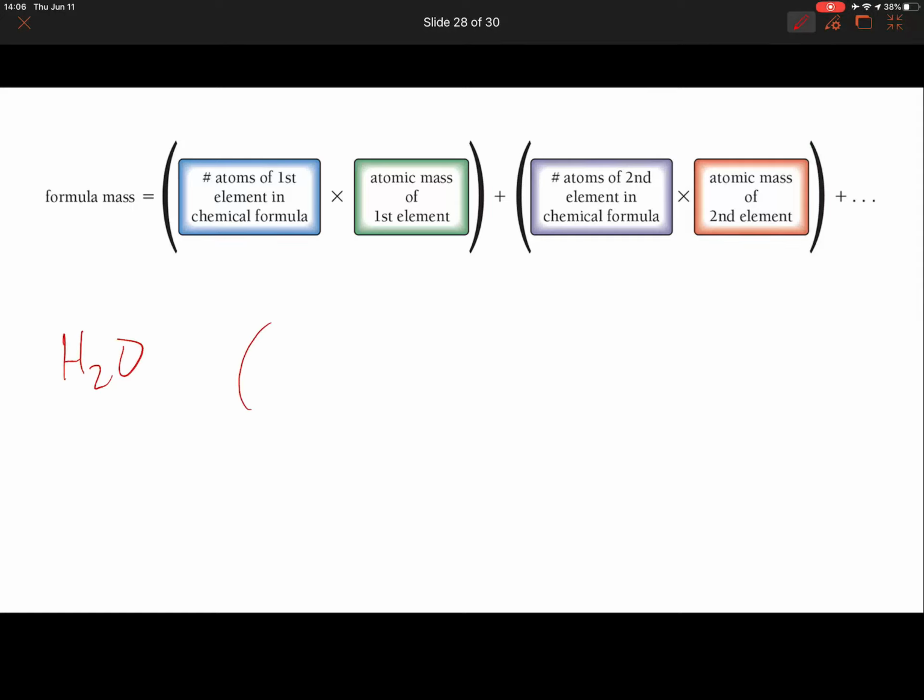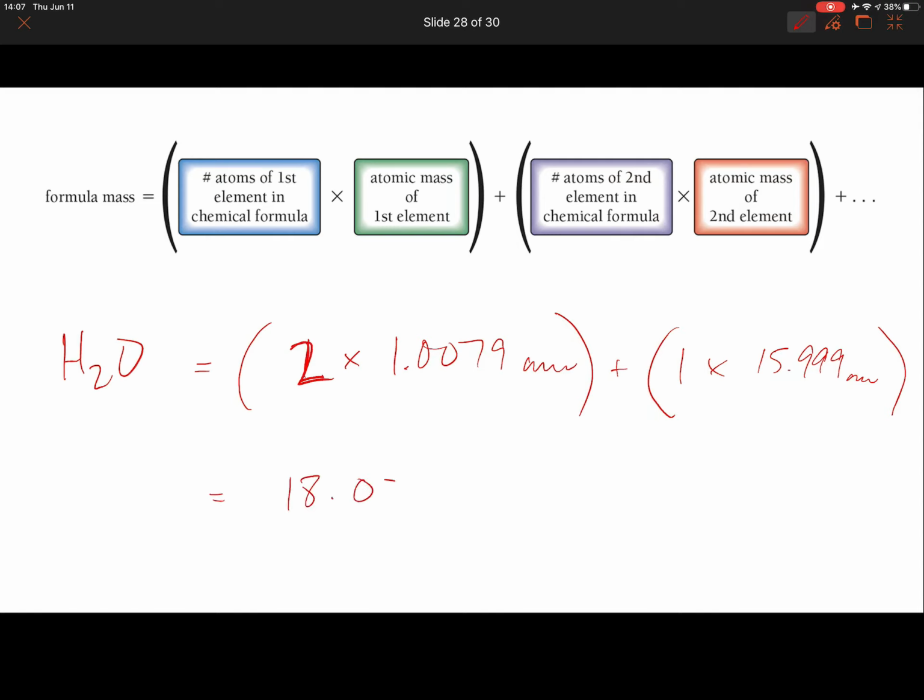It's going to be 2 hydrogens and 1 oxygen. This comes out to 18.02.